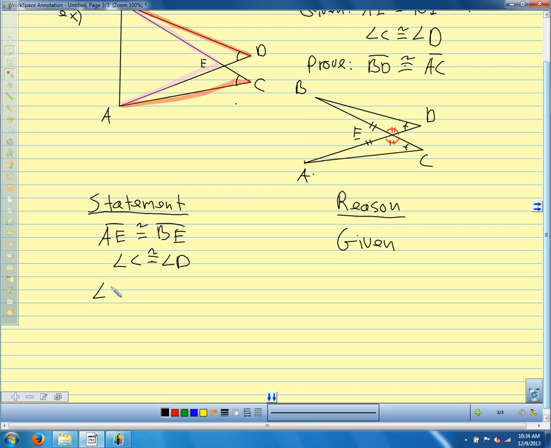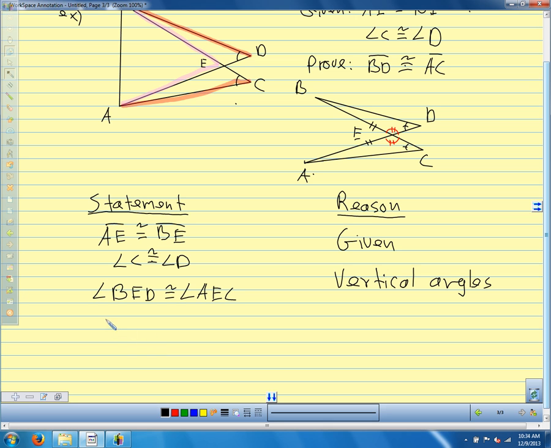So we said angle BED is congruent to angle CEA. I'll call it AEC. And the reason we know that is true is because they are vertical angles.